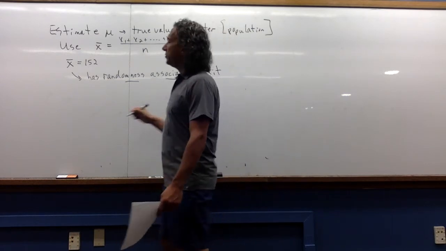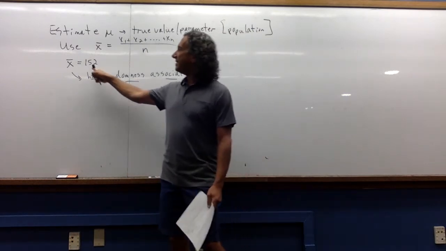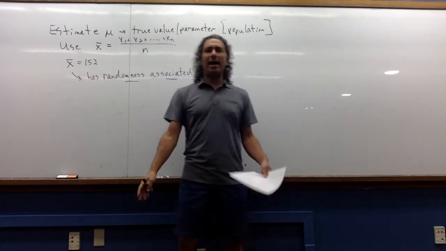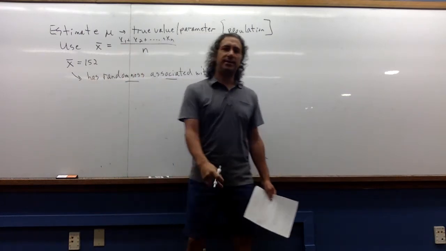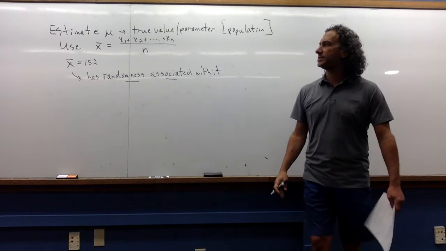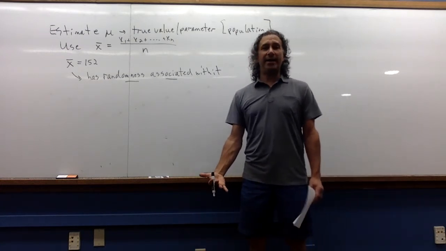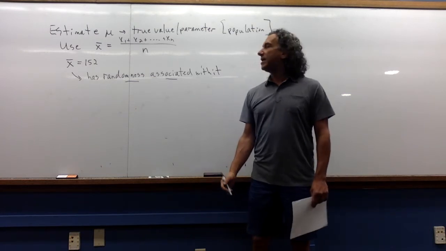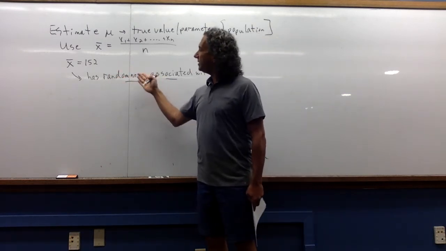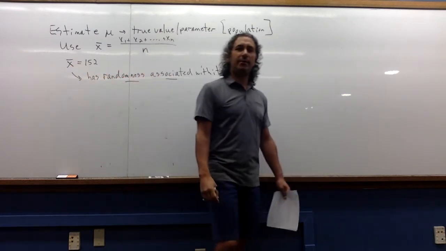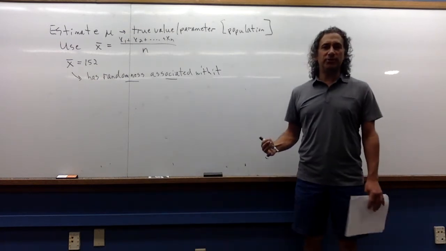So a better approach, and let me back up, that's not bad to say, oh yeah, I went out there, I weighed 50 students, got 152, that's my best guess. That's not bad, but we could do better. Because not only do we know that this guy has randomness associated with it, we know its distribution.